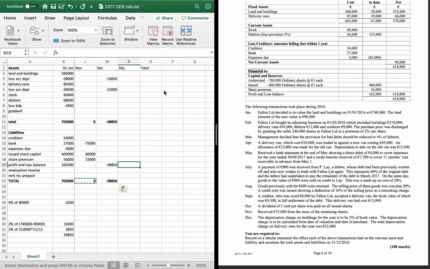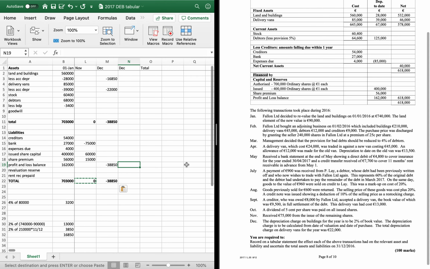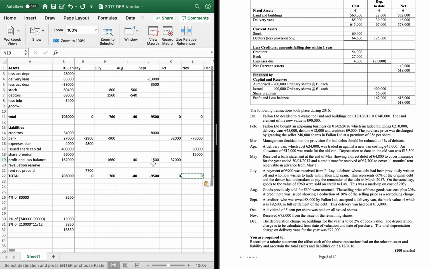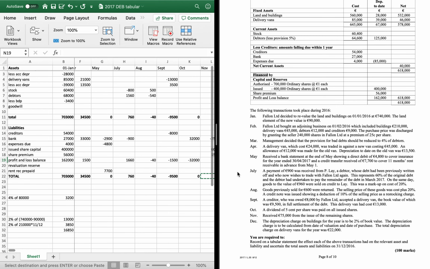Our second December working is to do with our expenses due and our rent prepaid. So if we go back up to May, we received a bank statement showing a direct debit of 4,800 to cover rent for the year ended 30th of the 4th, 2017.